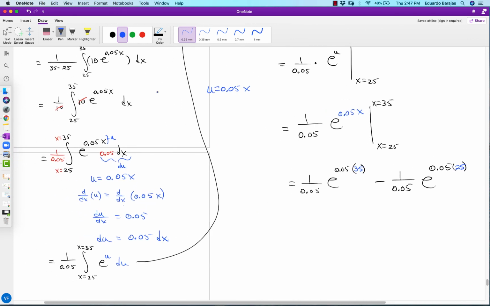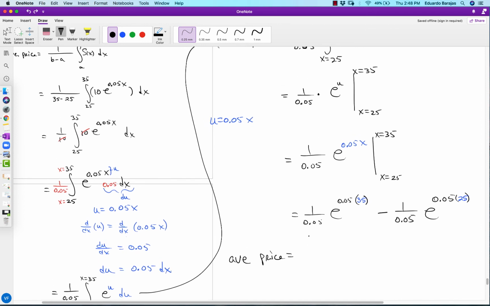So the average price, in this case, setting up the formula from up here, the average price was 1 over 35 minus 25, integral from 25 to 35 on the function 10e to the 0.05x dx.